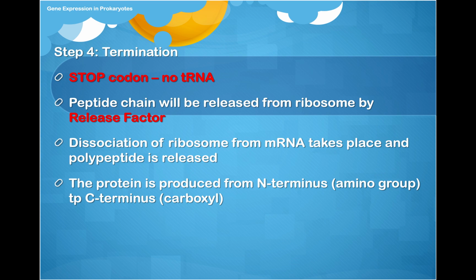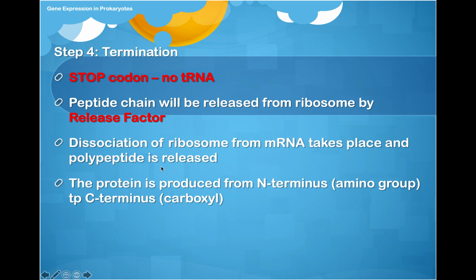The last step, the one that everyone will be waiting for, is termination, whereby we have to terminate the protein. It has to encounter a stop codon, which means that no tRNA will be supplied. Why no tRNA? Because it's not charged. The peptide chain will be released from the ribosome by the release factor.